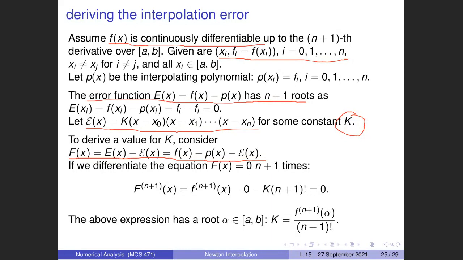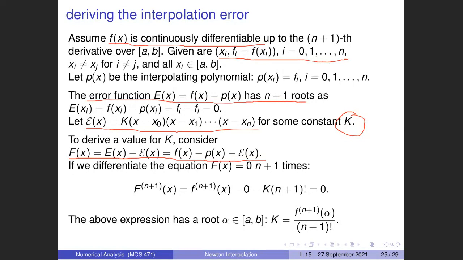So we have now this K that is given as the ratio of two functions. I'm sorry. So the K is actually proportional to the n plus 1 derivative. Now, from a result from calculus, there exists some value.